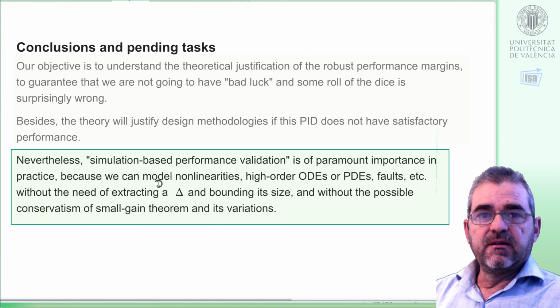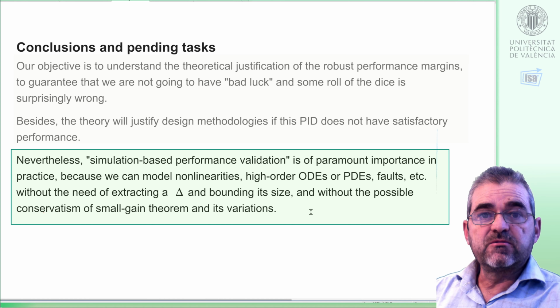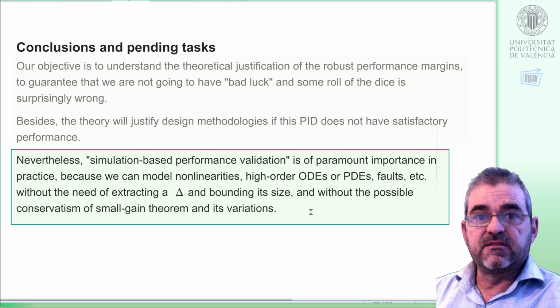But on the other hand, extracting that delta from a computational fluid dynamics simulator or non-equilibrium chemistry, etc., is a difficult task. And also maybe the theory can be conservative, in the sense that the theory of robust control gives sufficient conditions for stability, but maybe in some cases they are too conservative for a particular kind of uncertainty in mechanical systems or chemical systems or the like.